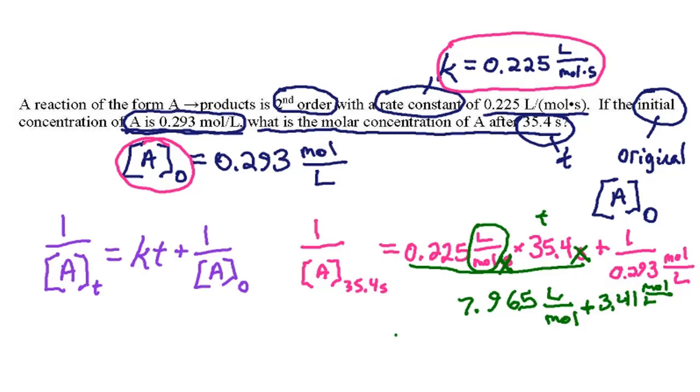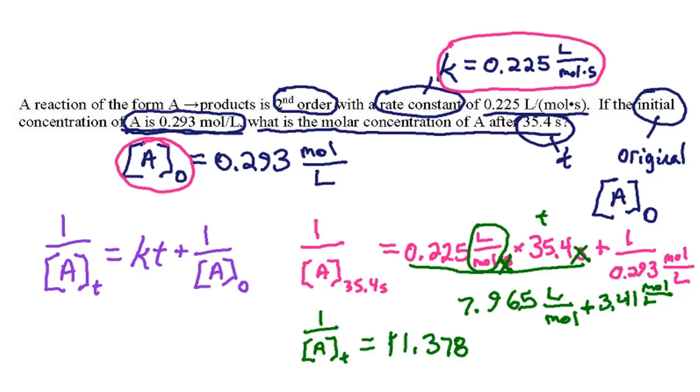Okay, so we want to be able to add the 3.41 moles per liter plus the 7.965, and that's going to give us 11.378. So 1 over the concentration of A at the end of the time equals 11.378.